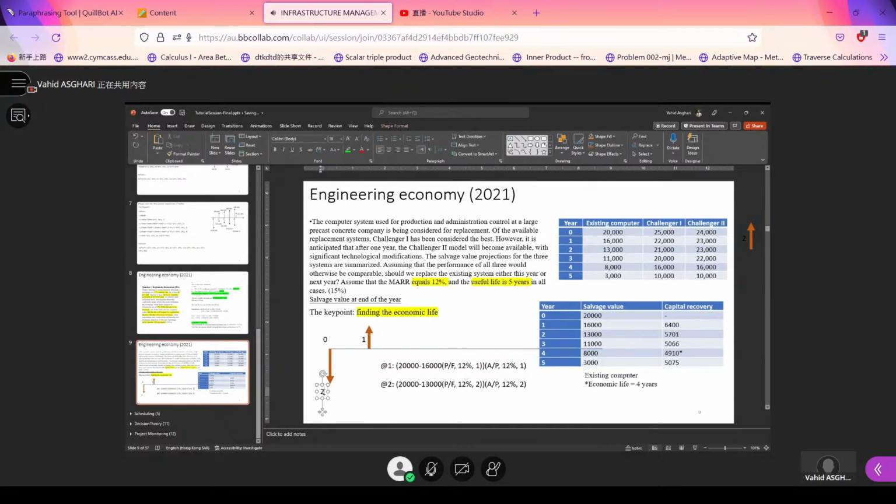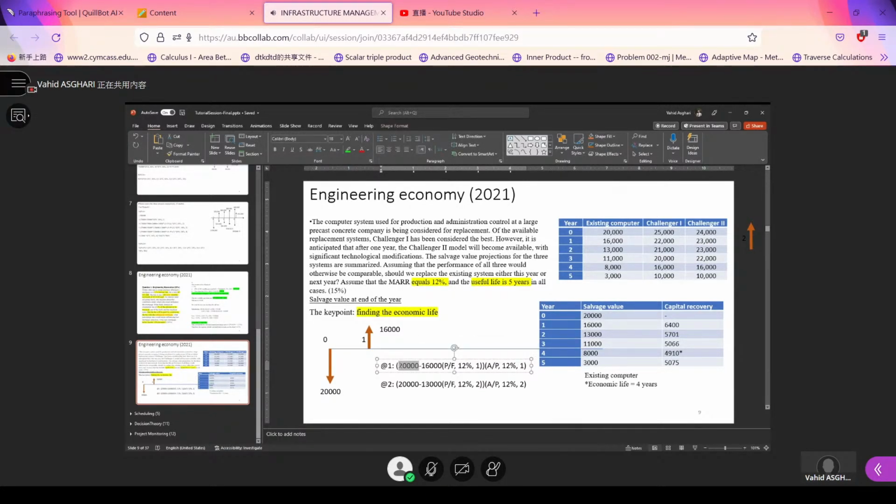Then at the end of year one, you can sell it at $16,000. So how do we find the annual representation? For 1 year it's just one.